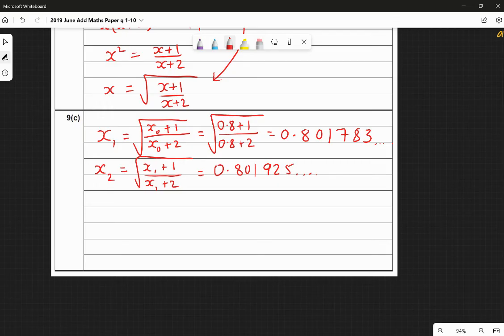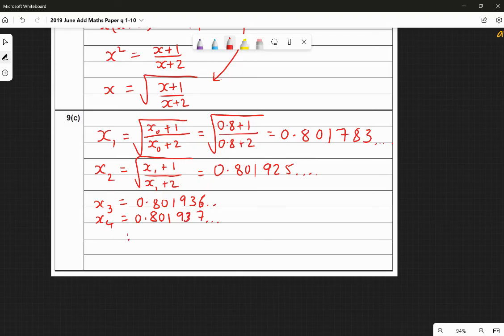And then I'm going to use that again to find my third value. So I'll plug that in and add 1 over, plug that in and add 2 and square root the whole thing. And that will give me 0.801936... And the fourth value, 0.801937... So not much change.